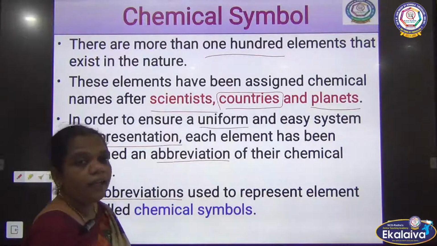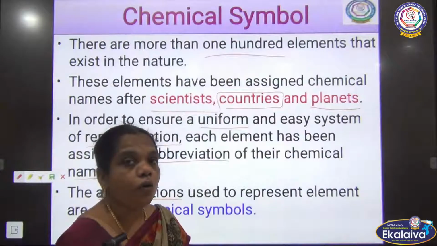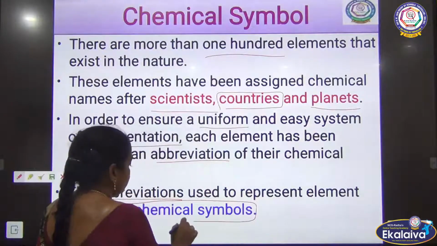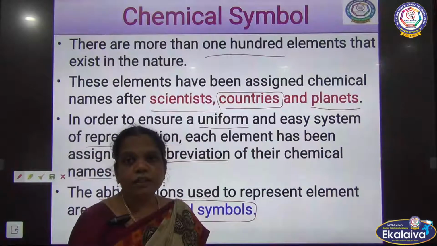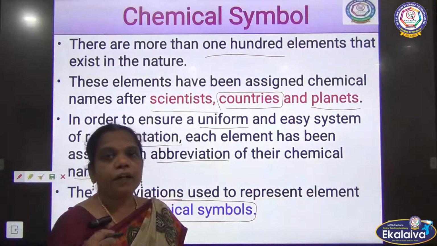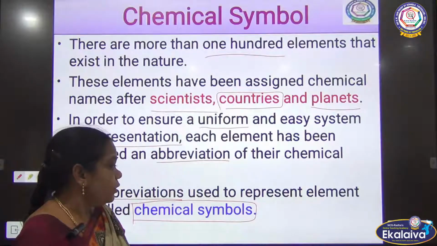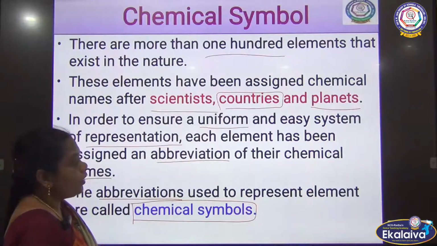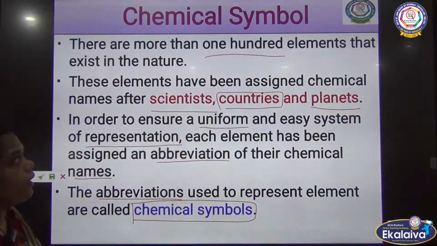This abbreviation used to represent the element is called the chemical symbol. Now we are going to look at the rules for assigning the chemical symbol.